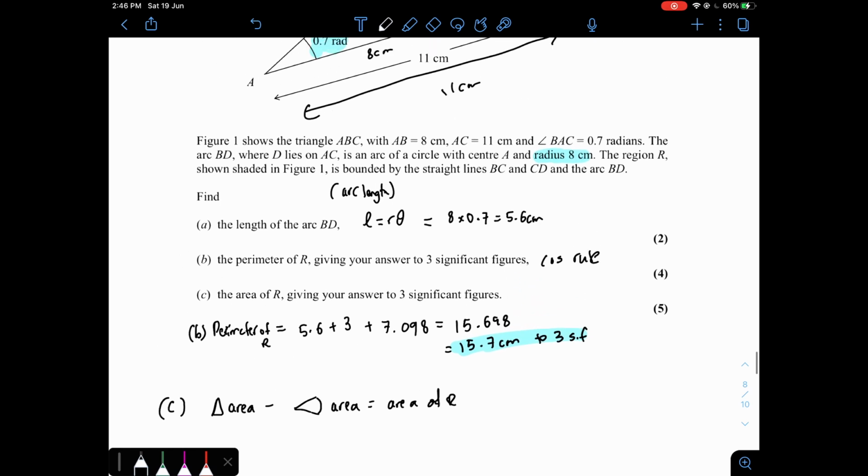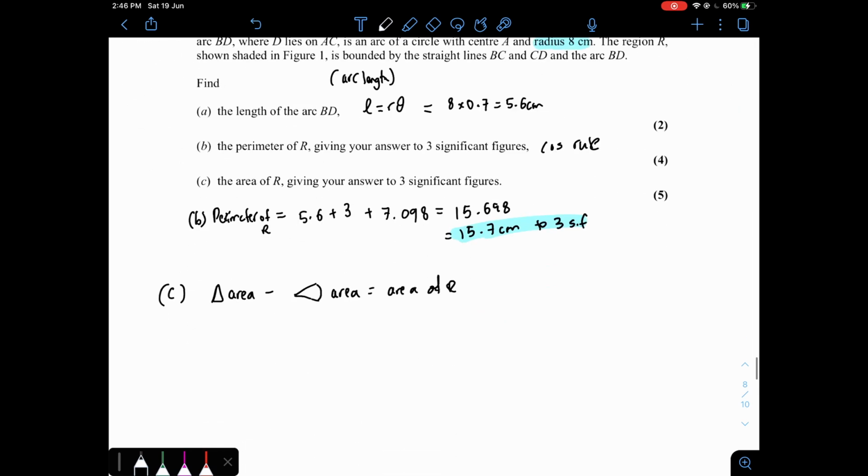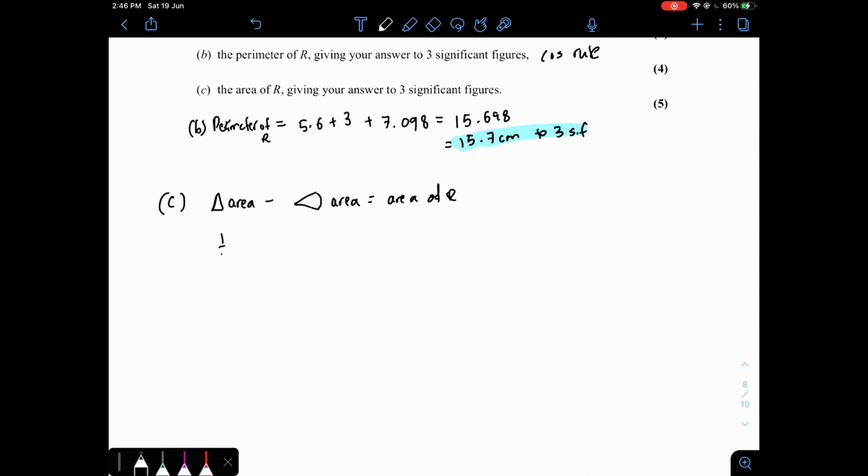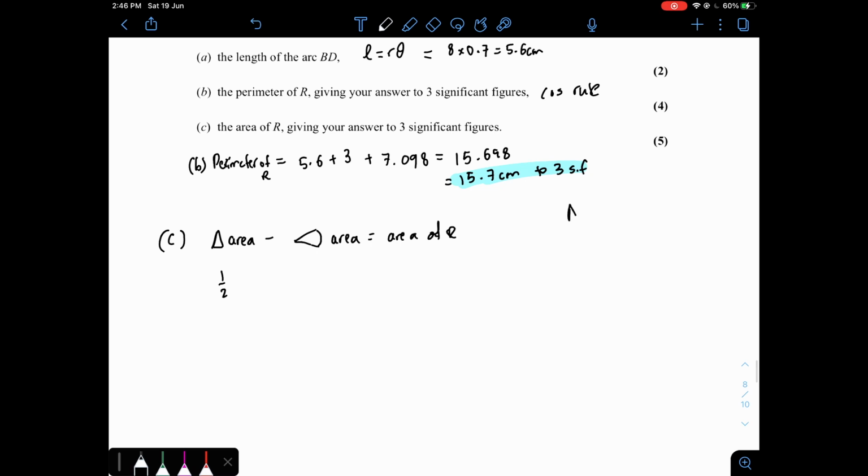So how do you find the area of a triangle when we have two given sides and an angle? It's half AB sine C. So I'll just write it down. Triangle area will be half AB sine C. And the area of a sector, given the radius, will be half r squared theta.